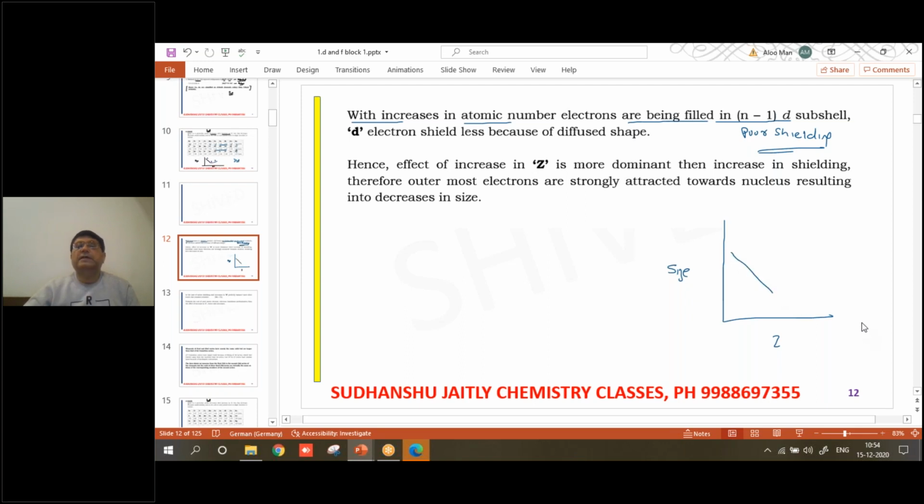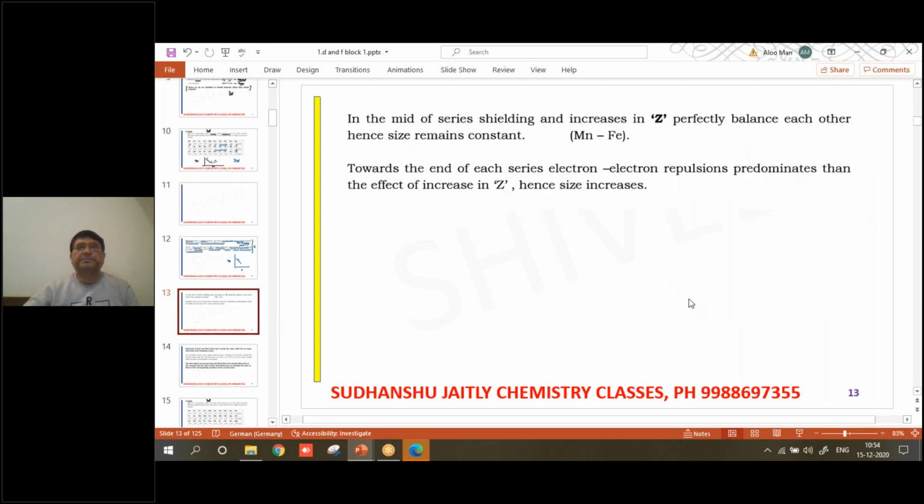Therefore, the size goes on decreasing there like this. The d orbital shields poorly because of diffuse shape. Hence, the effect of increase in Z is more dominant than increase in shielding. Therefore, outermost electrons are strongly attracted to a nucleus, resulting into, my dear friends, decrease in size.